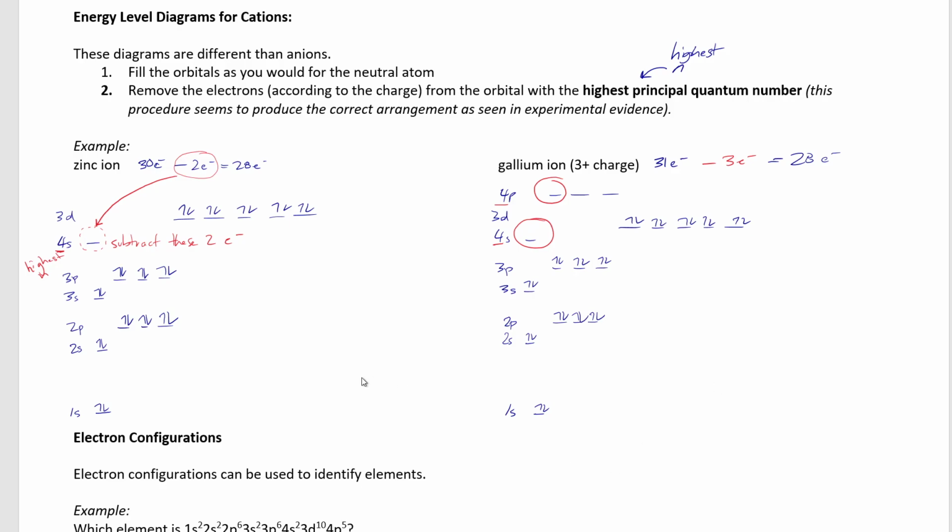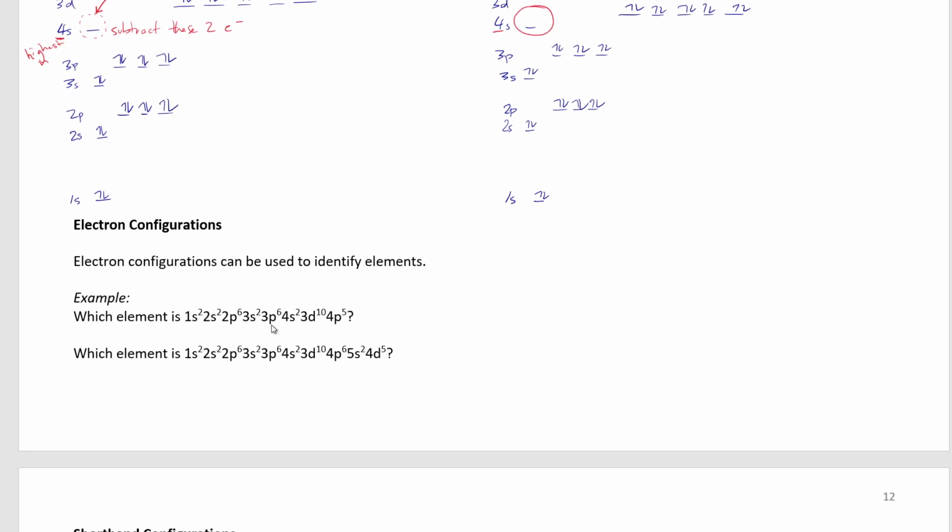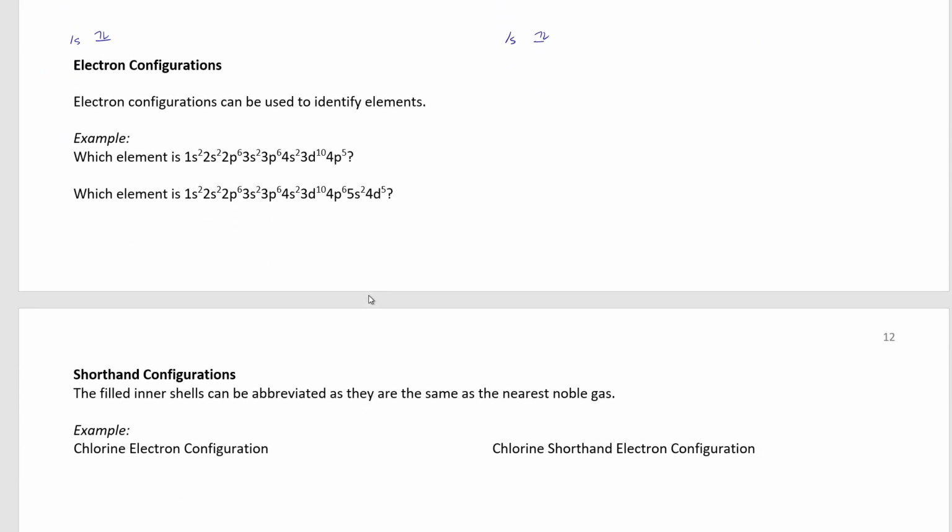Looking at this right here, electron configurations can also be used to identify elements. So if we were to take a look at this right here, which element has this electron configuration? Well, it's an element, so that means that it is an atom. So how will we find out which atom has this electron configuration?